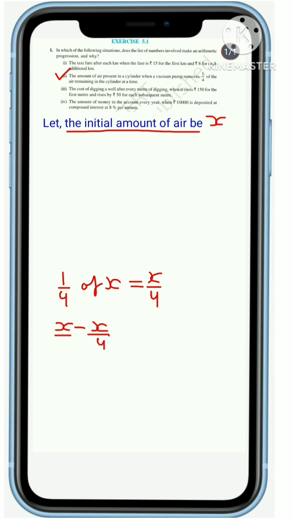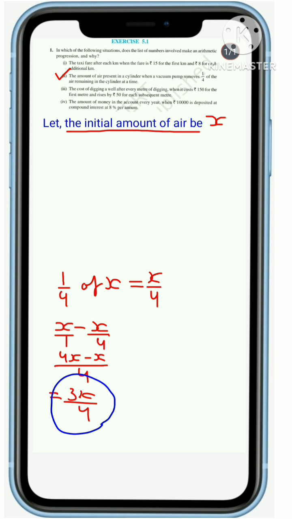Now let's assume here 1, and LCM of 1 and 4 will be 4, and here will be 4x minus x. Then finally we obtain 3x/4. In this way, after first removal, amount of air left in that cylinder is 3x/4.